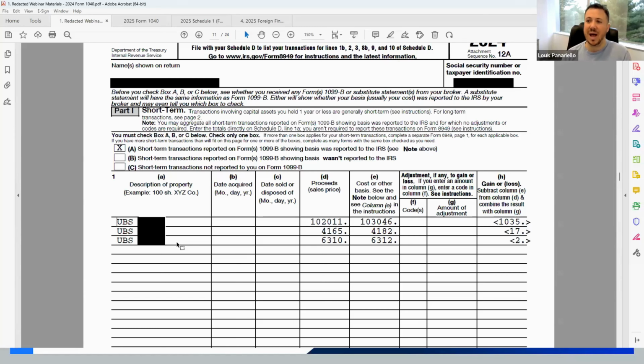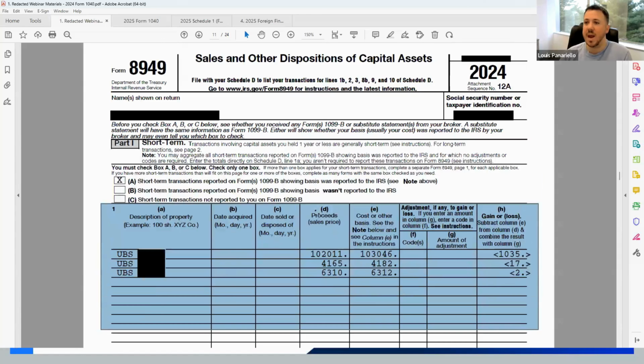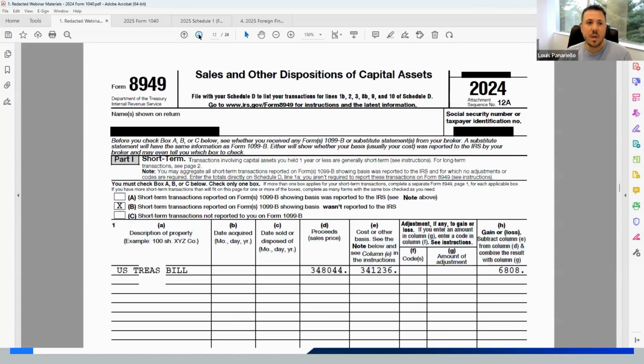Same thing with digital assets, cryptocurrency, NFTs. The IRS wanted to make sure in 2014 to tag that property nomenclature to it. So if there's any sales of any cryptocurrency or digital assets, it will also appear right here on Form 8949.